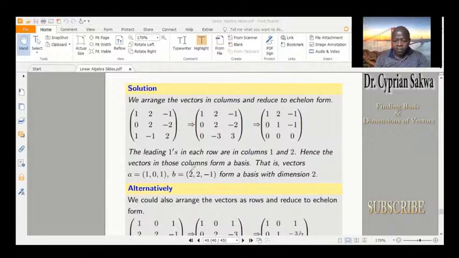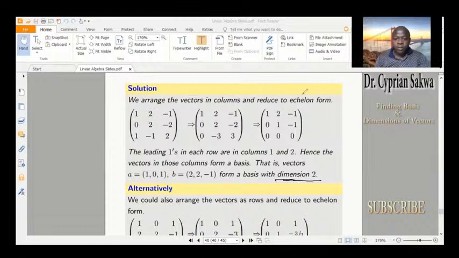And therefore, the vectors given form a basis of dimension 2, because we have 2 elements in the basis.